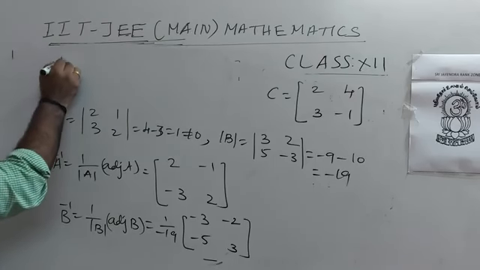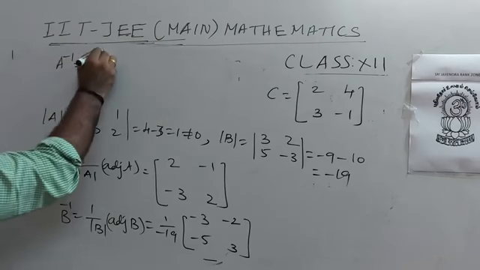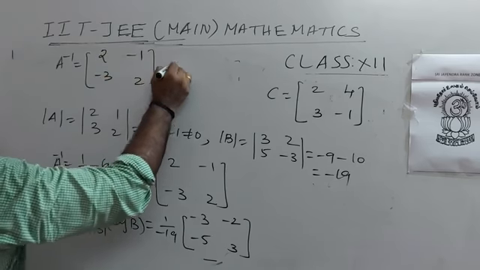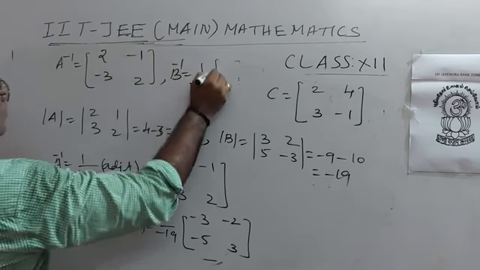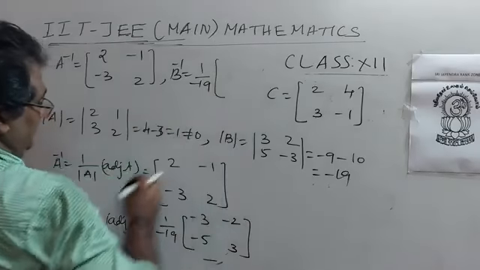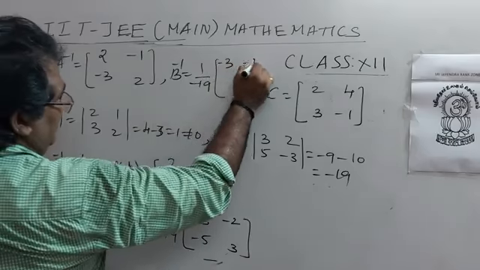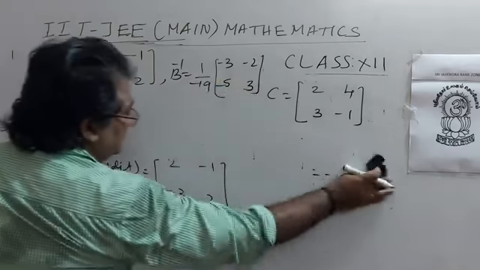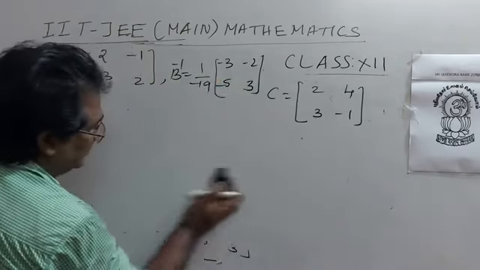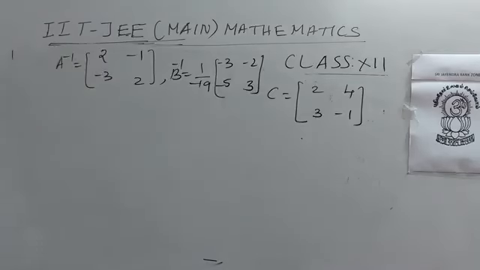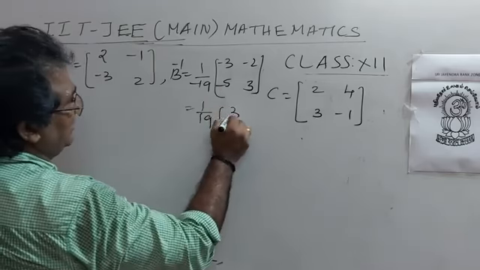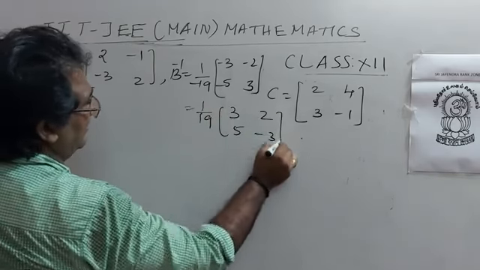So A inverse equals [[2, minus 1], [minus 3, 2]], and B inverse is 1 by minus 19 [[minus 3, minus 2], [minus 5, 3]]. Bringing the minus sign inside, 1 by 19 [[3, 2], [5, minus 3]].